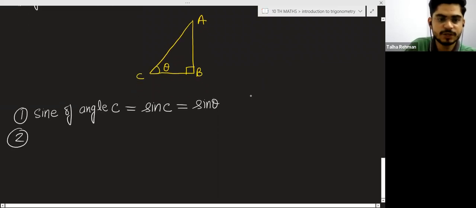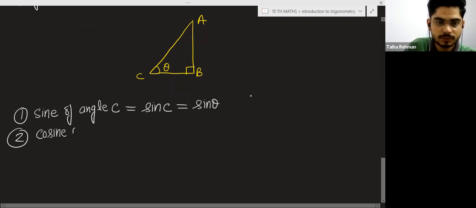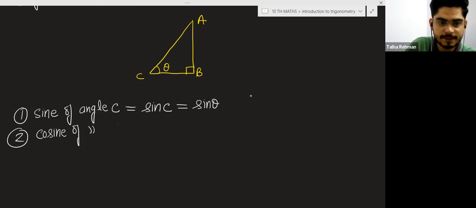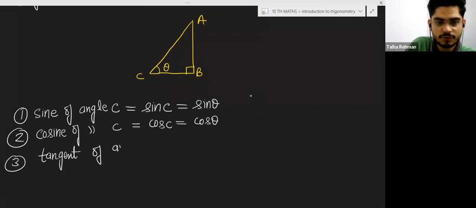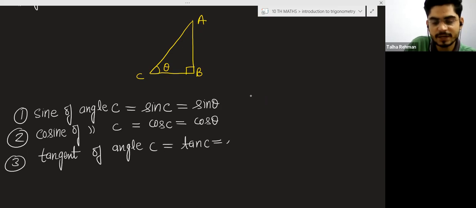Another trigonometric ratio is cosine of angle C. You can write this as cos C, or cos theta. Third is tangent of angle C. You can write it as tan C, or tan theta.